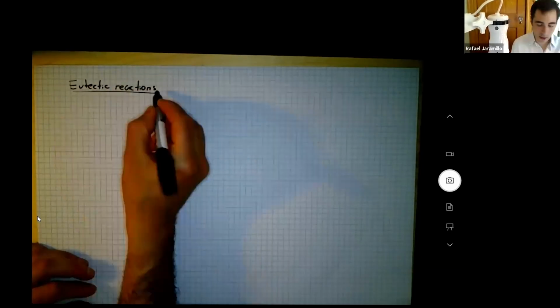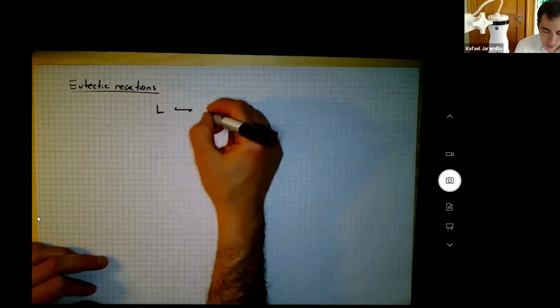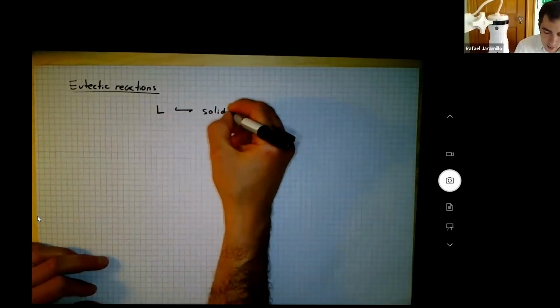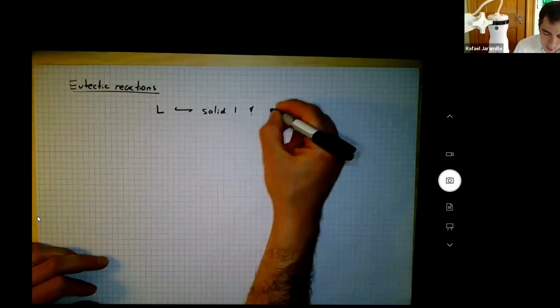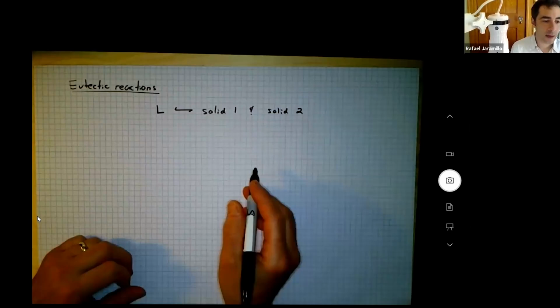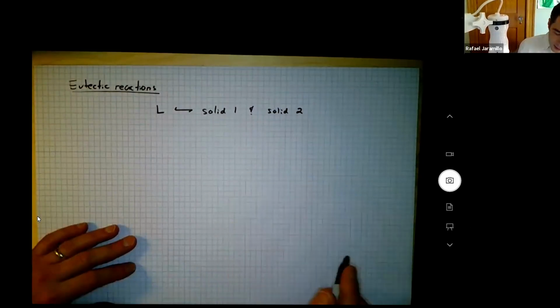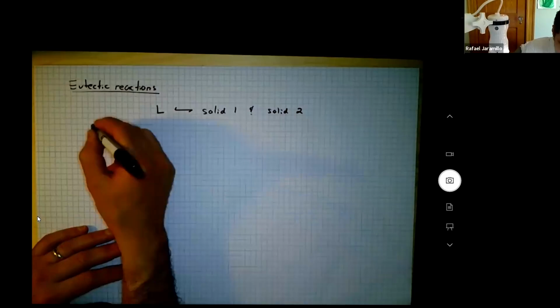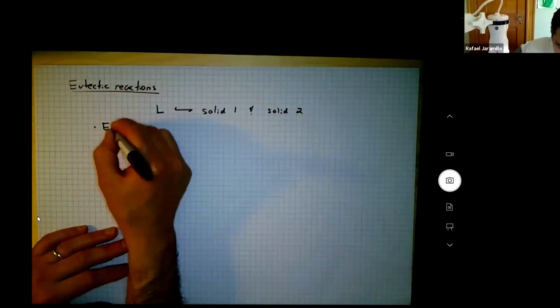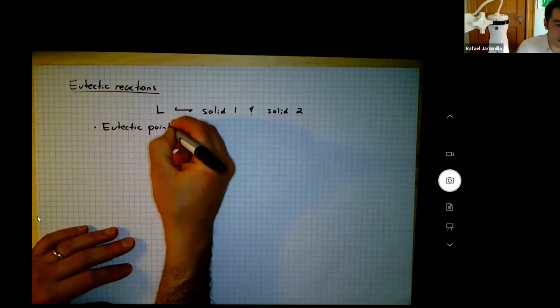Eutectic reaction. So here's a eutectic reaction. It's a liquid that transforms into two solids. A liquid transforming into solid 1 and solid 2. And we'll visualize this. Let me just define eutectic point. And we'll look at some phase diagrams.